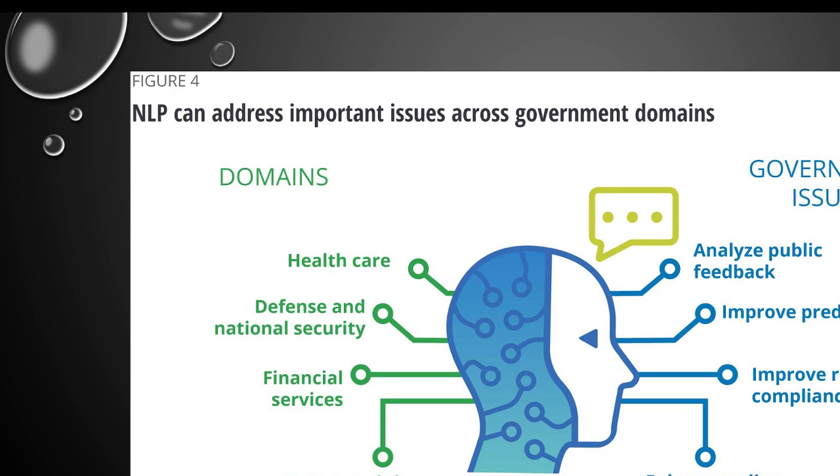fields. So if you just have a look here, they want to predict how you're going to react to something, improve your compliance to certain policies, enhance policy analysis, analyze public feedback.